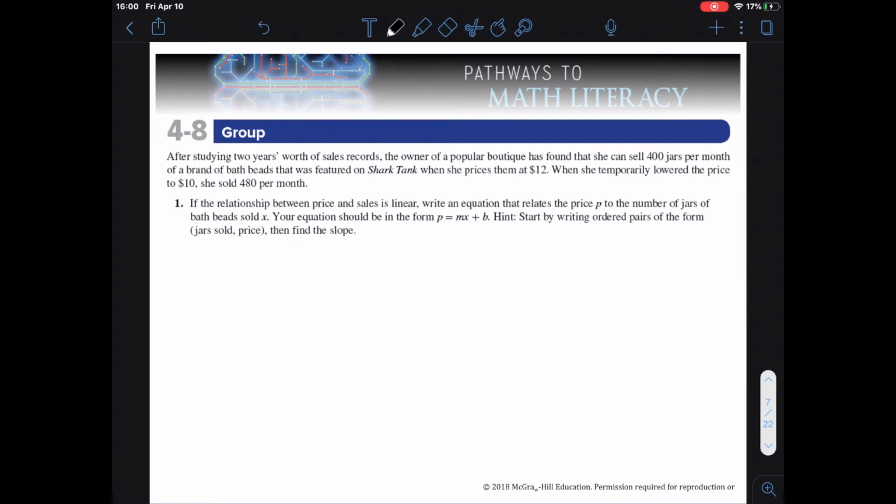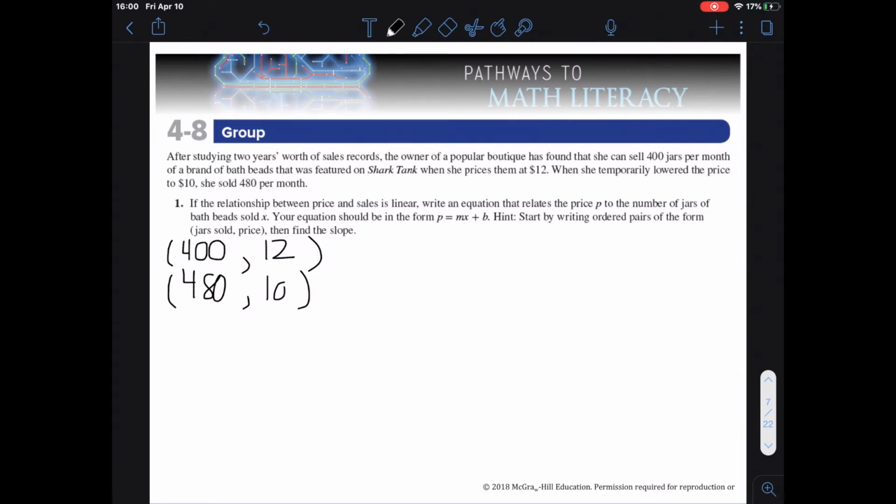So if we assume the relationship between the price and sales is linear, we can find the price based on the number of bath beads we sell. So in this particular case, we're going to input jars sold and then output the price. When you sell 400 jars, you can price them at $12 each. And when the price is $10, we can sell 480 jars.